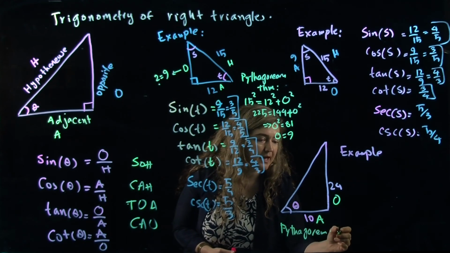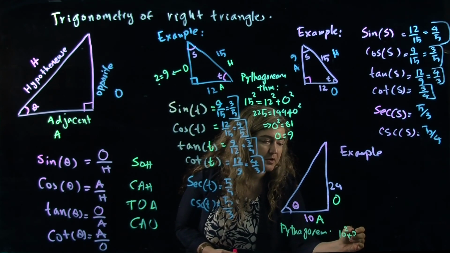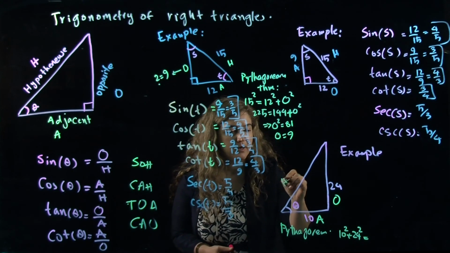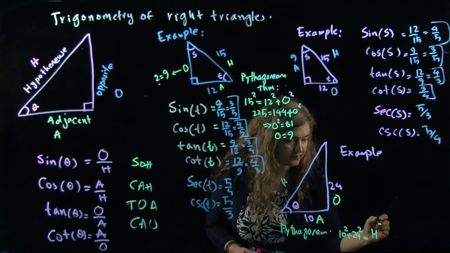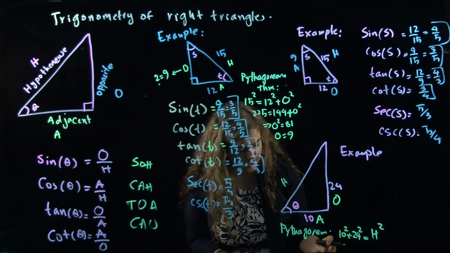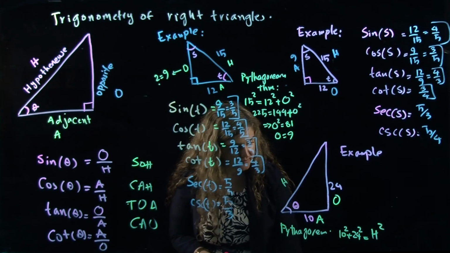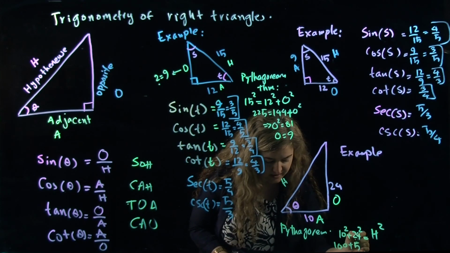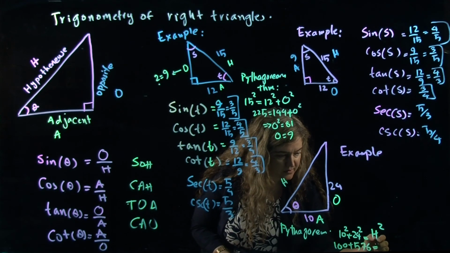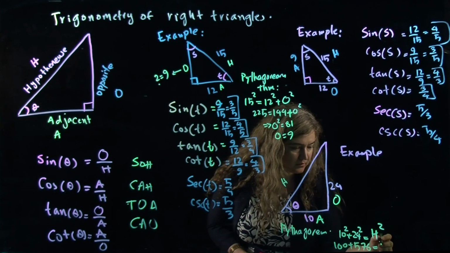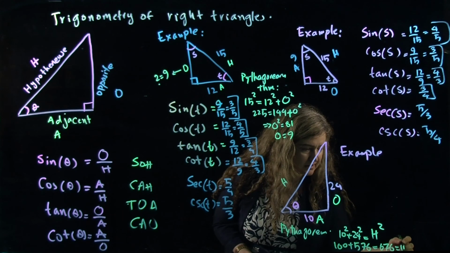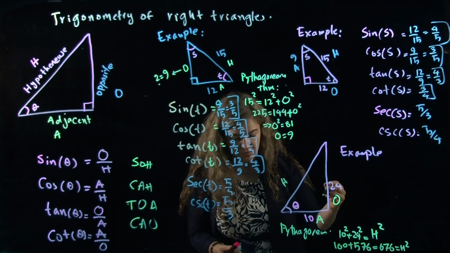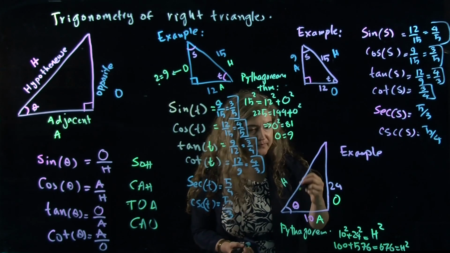That is 10 to power 2 plus 24 to power 2 is equal to hypotenuse to power 2. 10 to power 2 is 100, and 24 to power 2 is 576. So h to power 2 is equal to 676. That is, h is going to be equal to 26.